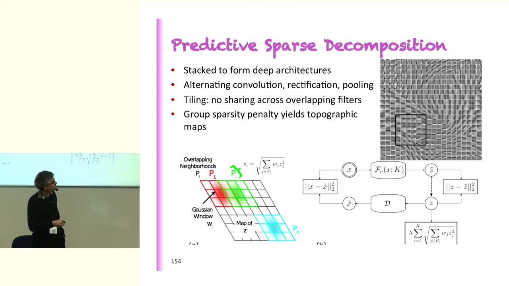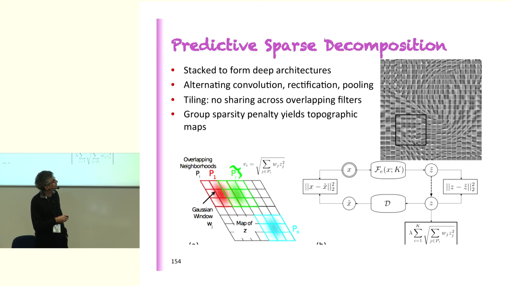And you can introduce extra constraints, like that nearby codes in space corresponding to different patches would somehow turn off and turn on together, by generalizing the L1 penalty to an L1-2 penalty, which is a square root of a sum of squares.